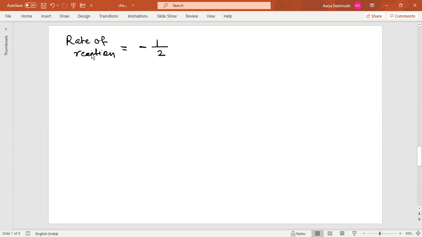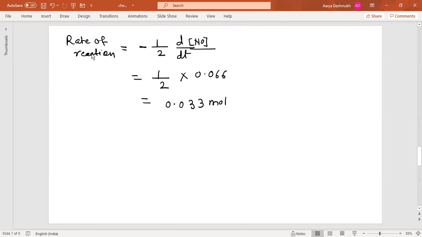That is d/dt of NO, the rate of consumption of NO; it is given in the problem. Okay, now this should be half because there are 2 moles. So this will be equal to half of the rate which is given, that is 0.066, and that will be equal to 0.033 moles per dm cube per second. This is your rate of reaction.